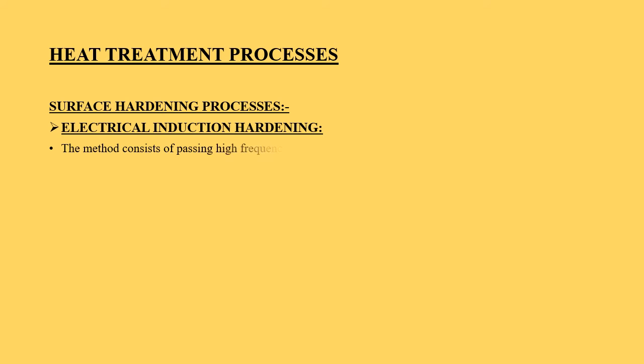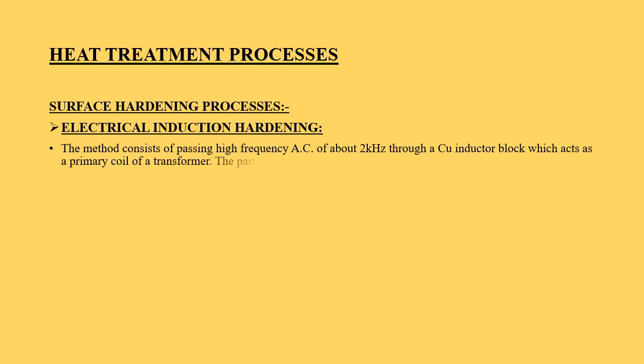Electrical induction hardening consists of passing high frequency alternating current of about 2 kHz through a copper inductor block that acts as a primary coil of a transformer. The part to be surface hardened is placed inside the block, but its surfaces do not touch the block.